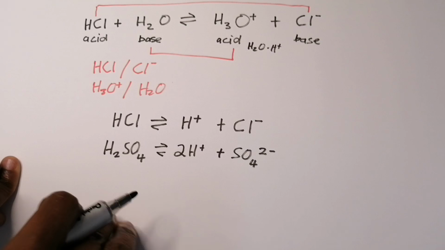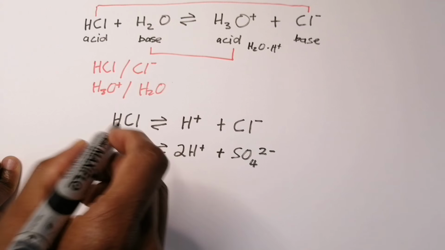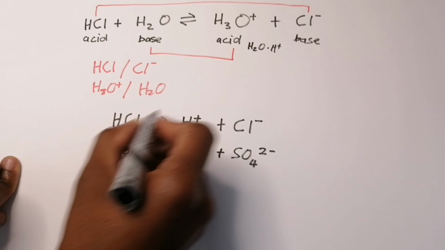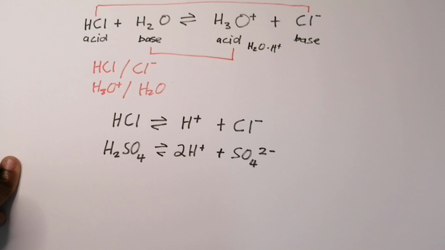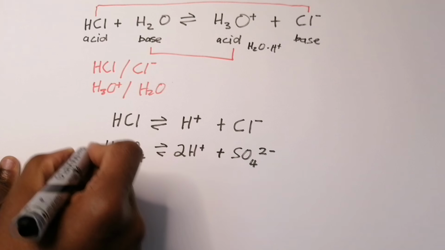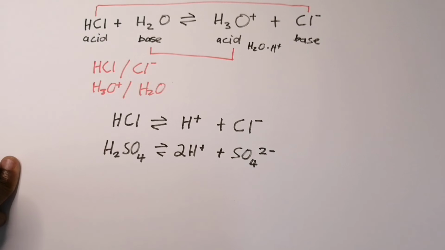We're going to talk about the strength of an acid just now, right? Assuming that it ionizes completely, it means for every 1 mole of this, I will get 1 mole of H plus, right? But look at this. What does it mean now for sulfuric acid? For every 1 mole of this, I will get 2 moles of H plus ions.